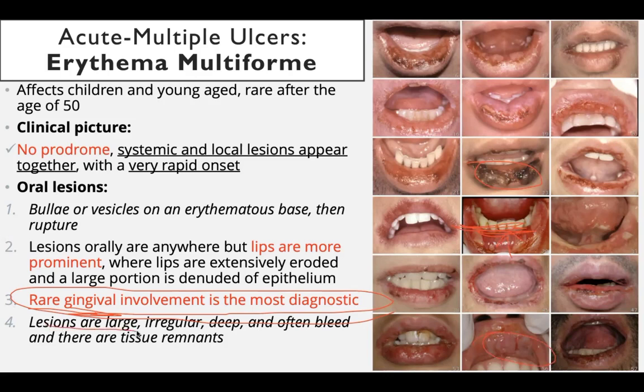Lesions are larger, irregular, deep, and often bleed, and there are tissue remnants. Just imagine if you scratch it, or someone tries to wet it with their tongue, and when the saliva dries, it will make it more dry than before.